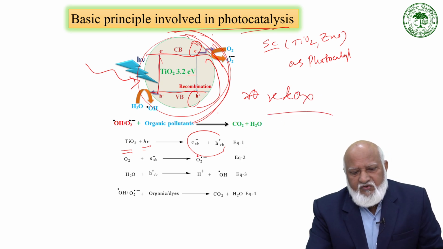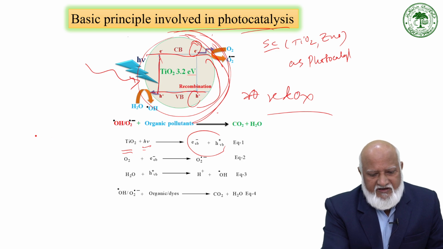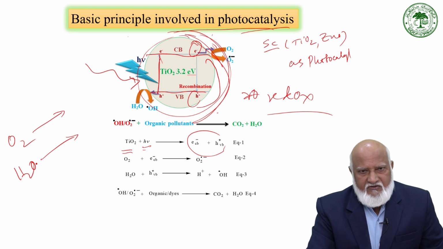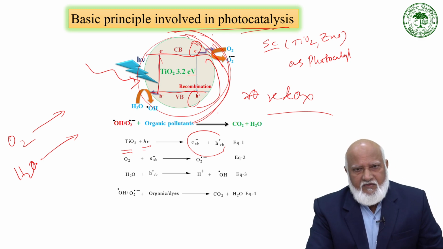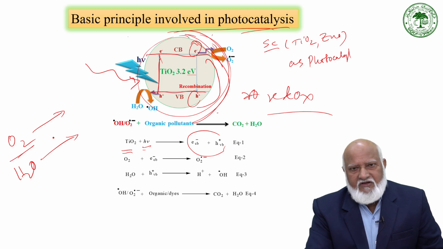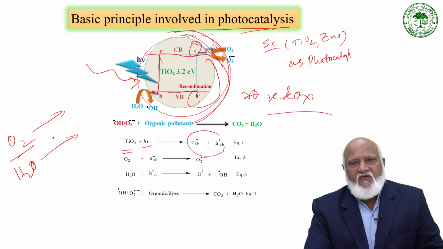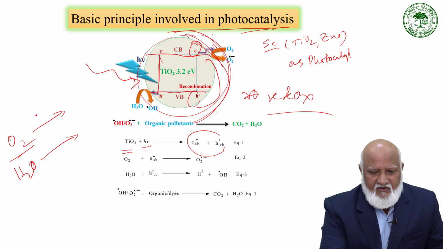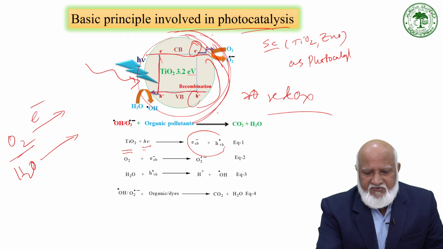If these reactions are carried out in the presence of oxygen and water, this is the most environmentally friendly condition, and even oxygen we can get from air. If you bubble air, which contains around 21% oxygen, it is more than sufficient to bring about these reactions. So oxygen picks up this electron.